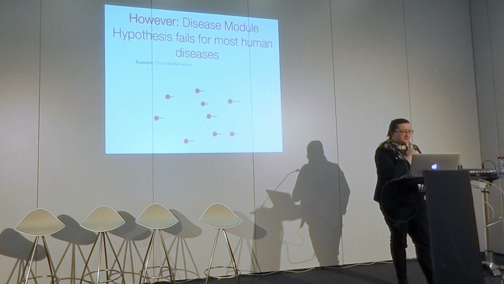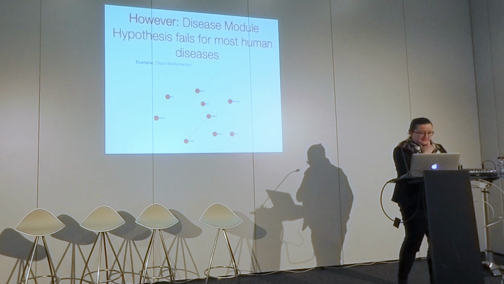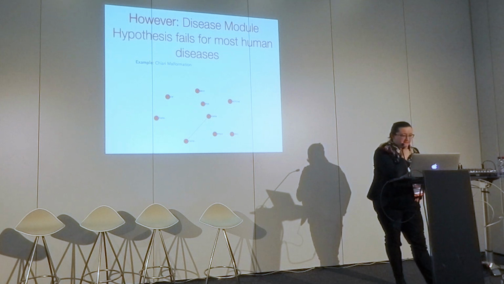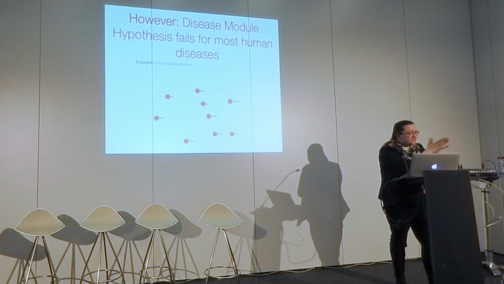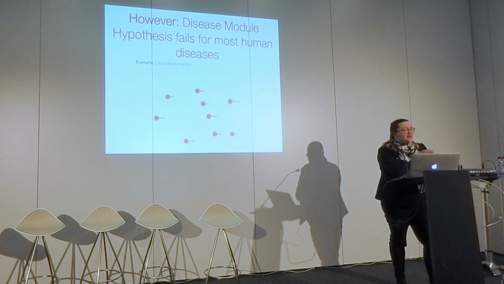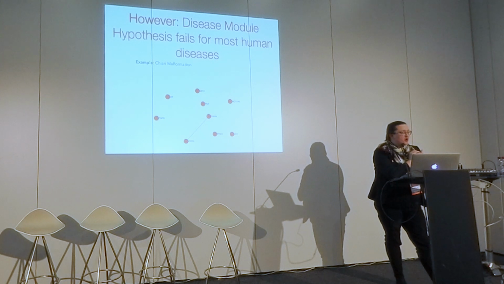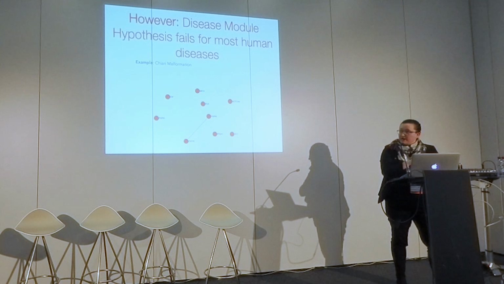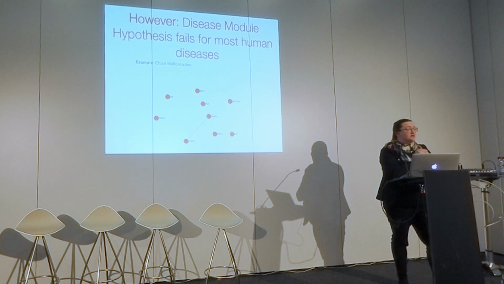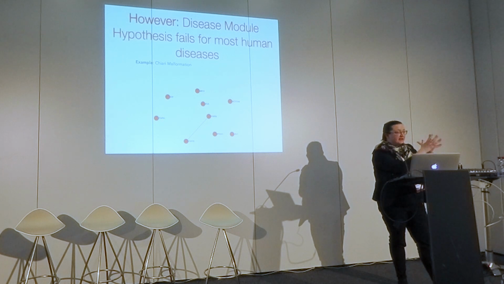Well, that is great, but now the however comes. It turns out that with more and more data being available and those high-throughput experiments being done in biology that can generate high quality data sets, the disease module hypothesis actually fails for most human diseases. So most diseases do not look like the one that I showed you before, the clique of disease proteins that just tightly connect with each other.